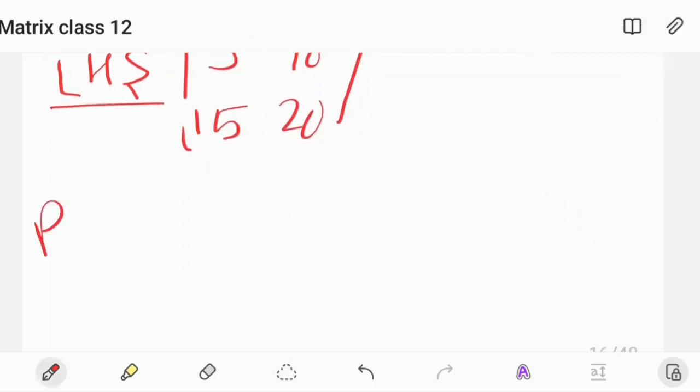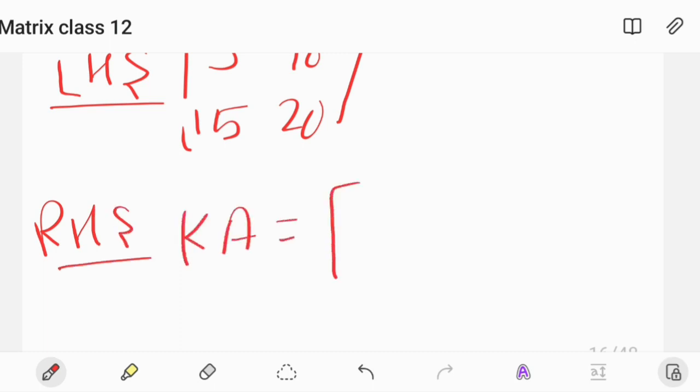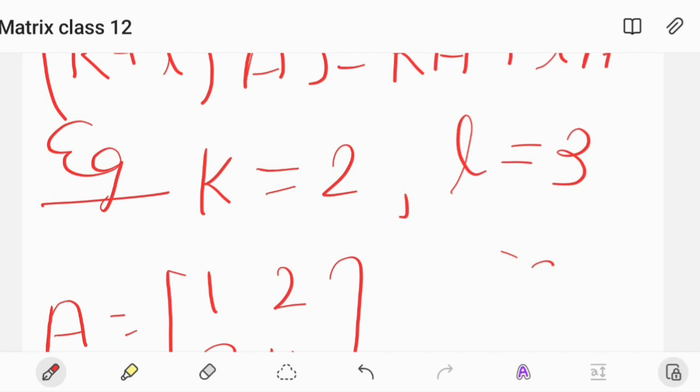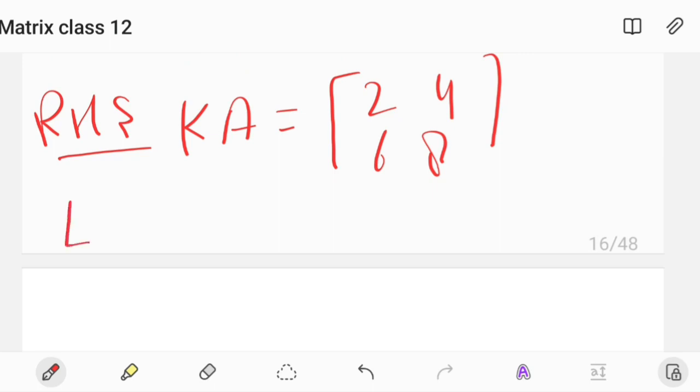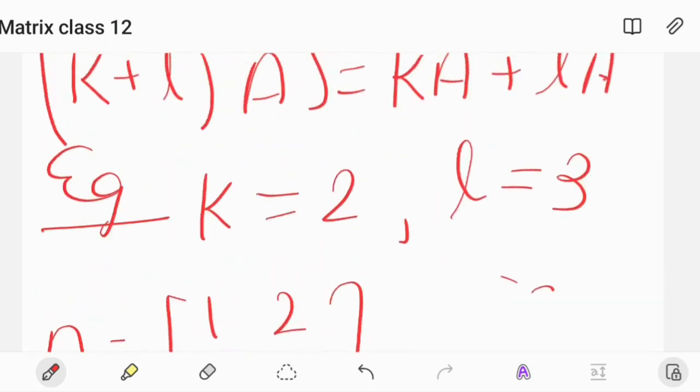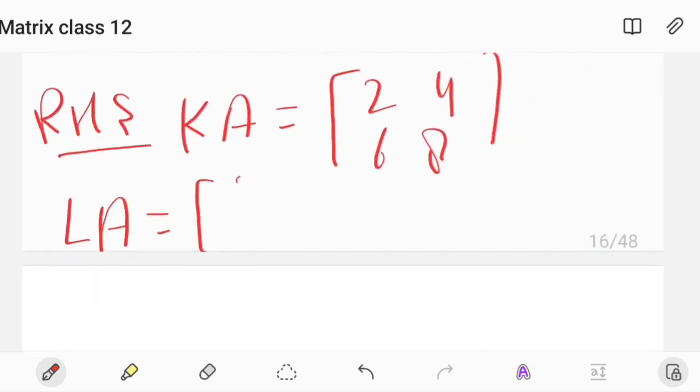My RHS says kA, what is kA? 2 times all these numbers, so 2, 4, 6, 8, and my lA, what is it? 3 times all these numbers, 3, 6, 9, 12. If I add both of these, what do I get?